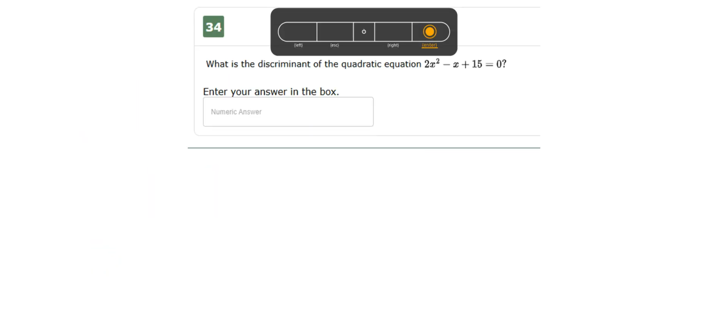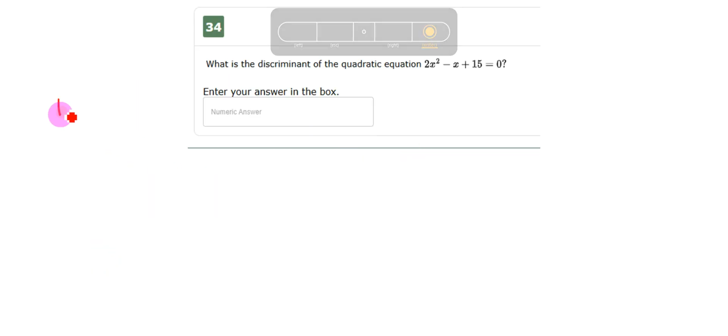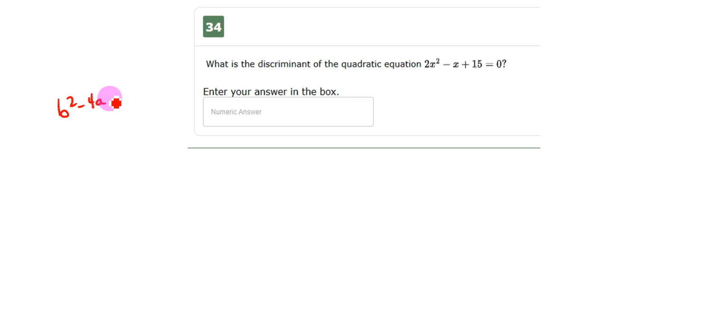Okay? The discriminant, again, is just b squared minus 4ac. So a is 2, b is negative 1, c is 15. So this is just asking for a numeric answer. We do negative 1 squared minus 4 times 2 times 15.